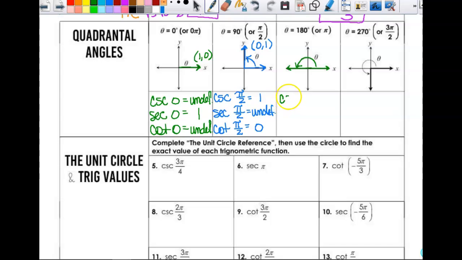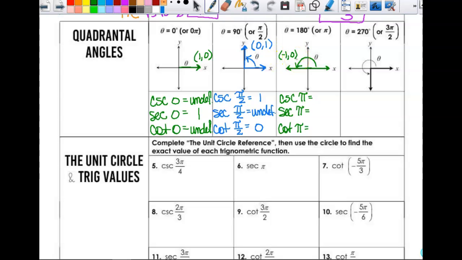So cosecant of pi, secant of pi, and cotangent of pi. So I get to cosecant through sine. Well, this ordered pair, let's do that. -1, 0.